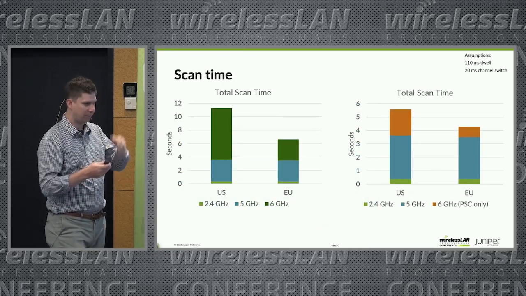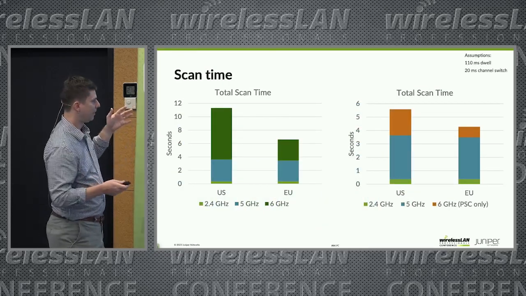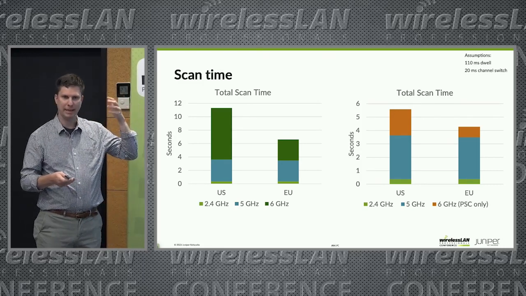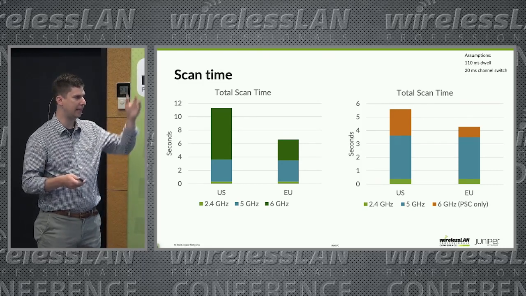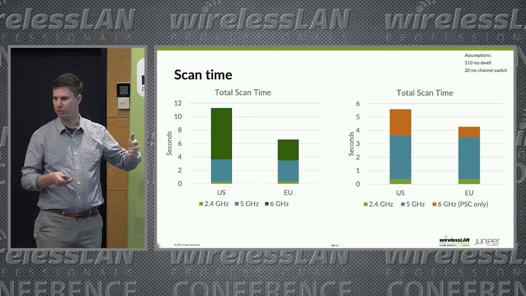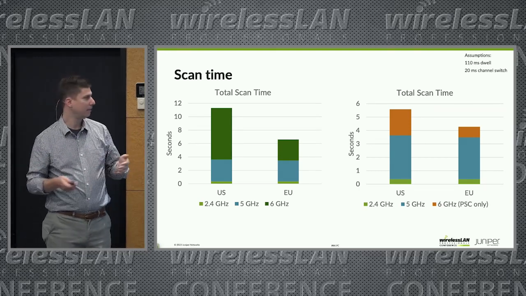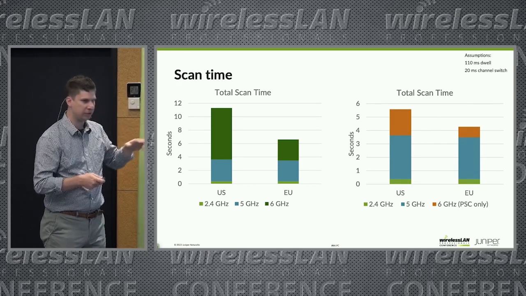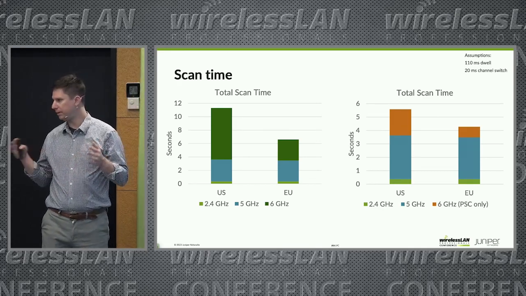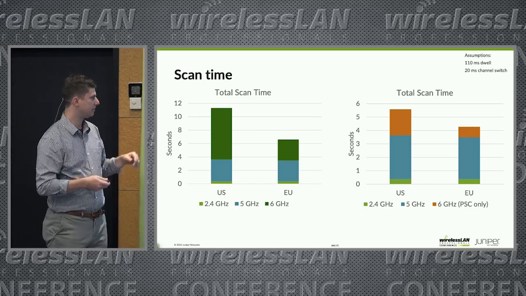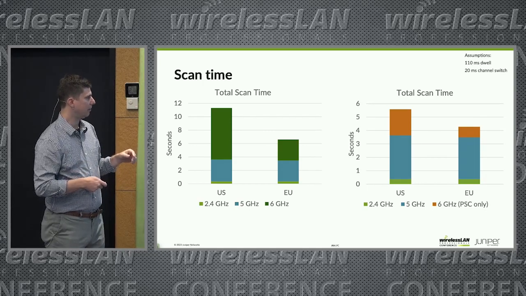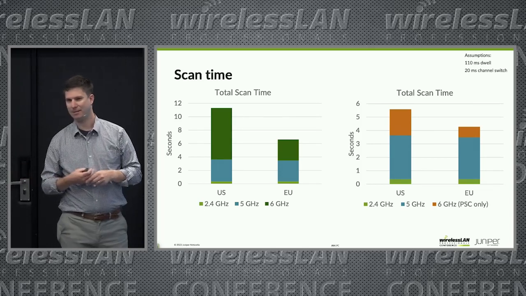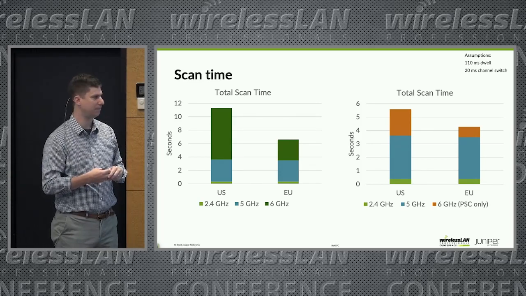Just some napkin math of how long it would take a client to scan every channel if it was just performing off-channel scanning. If we look at all of the channels, including all of the non-PSCs in 6 gigahertz, in Europe, it could take over 6 seconds to scan every single channel.